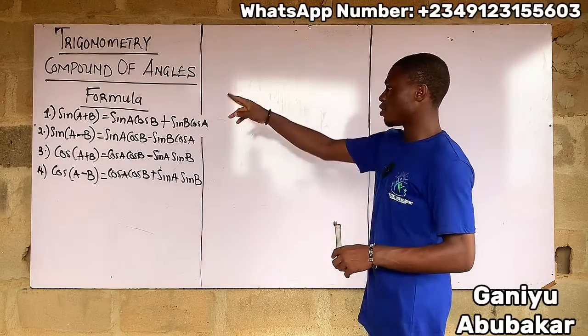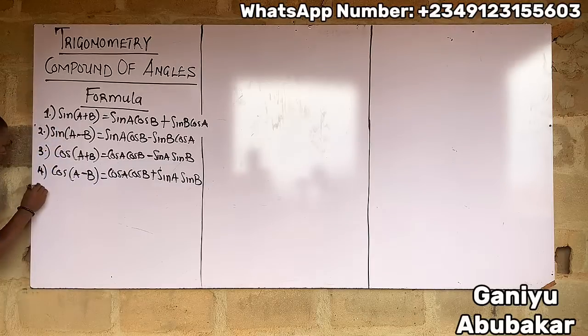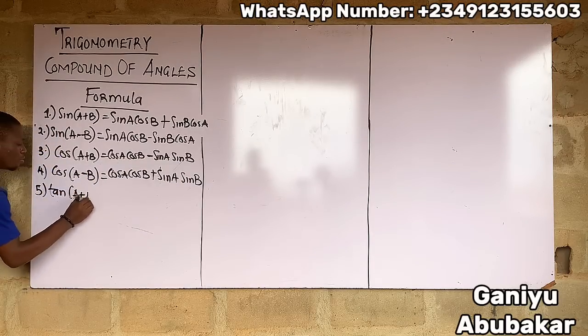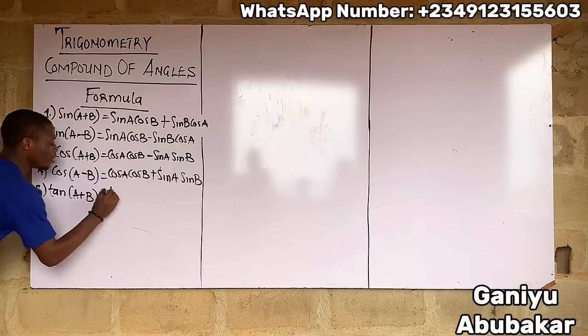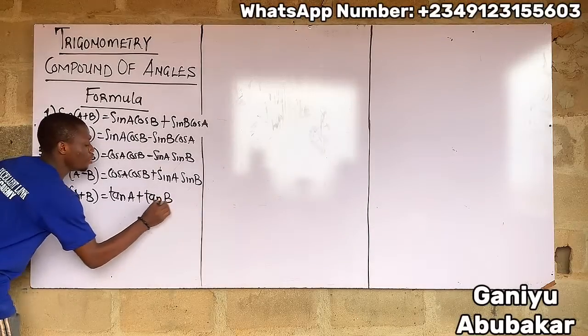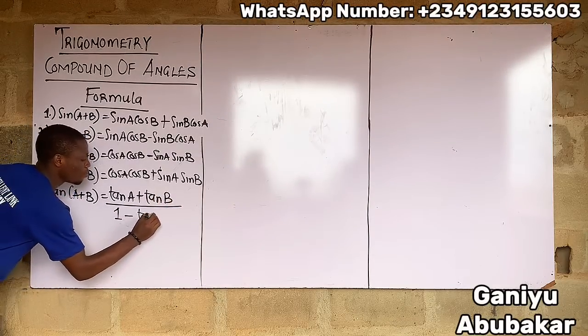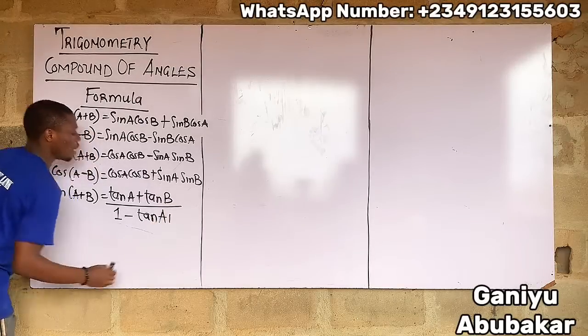This is for sine and cos. Let's do tan. So number 5 there. Note that tan A plus B will give tan A plus tan B all over 1 minus tan A tan B.